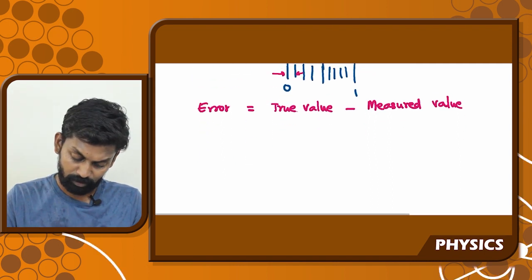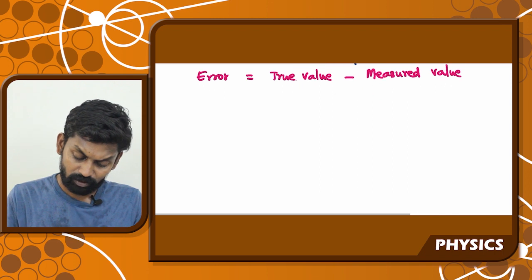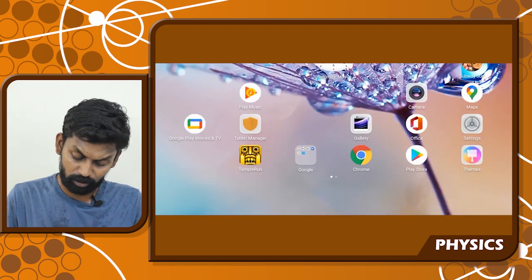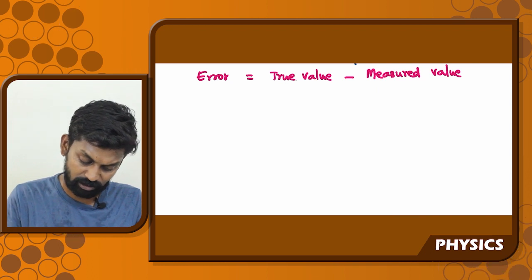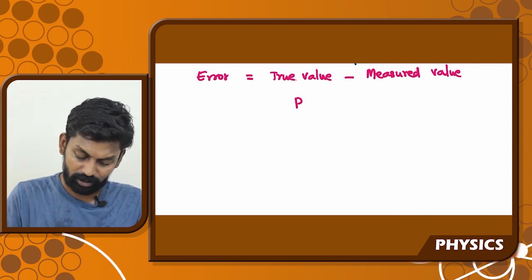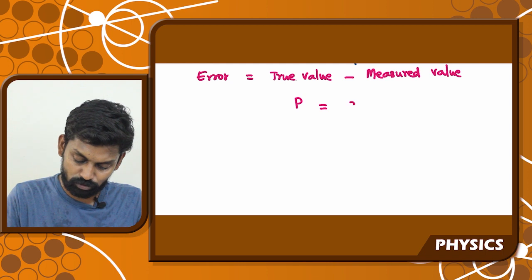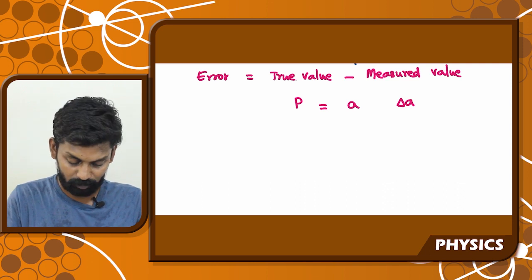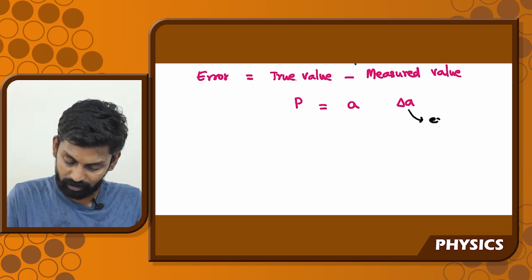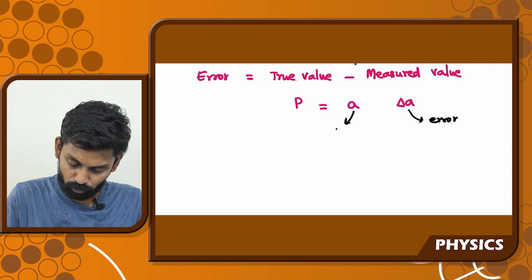For example, when we are measuring a physical quantity called P, let us assume A is its true value and delta A is the error in measuring the true value of A. So delta A is the error and A is the true value.